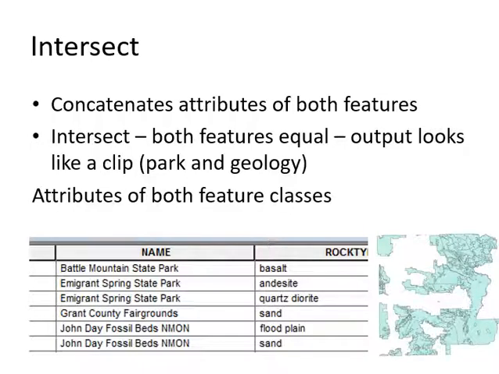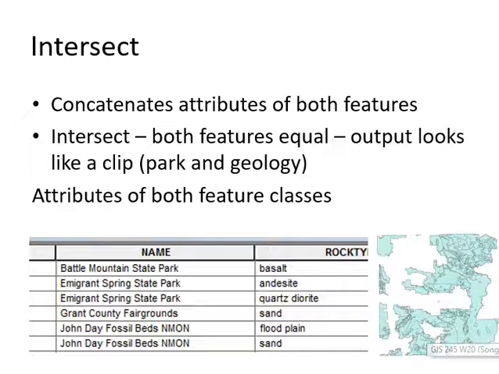The intersect, however, is going to take both attribute tables and put them together, concatenate them into one record. So it looks like a clip because I'm using just the areas that overlap, but I'm going to end up with the attributes of both.